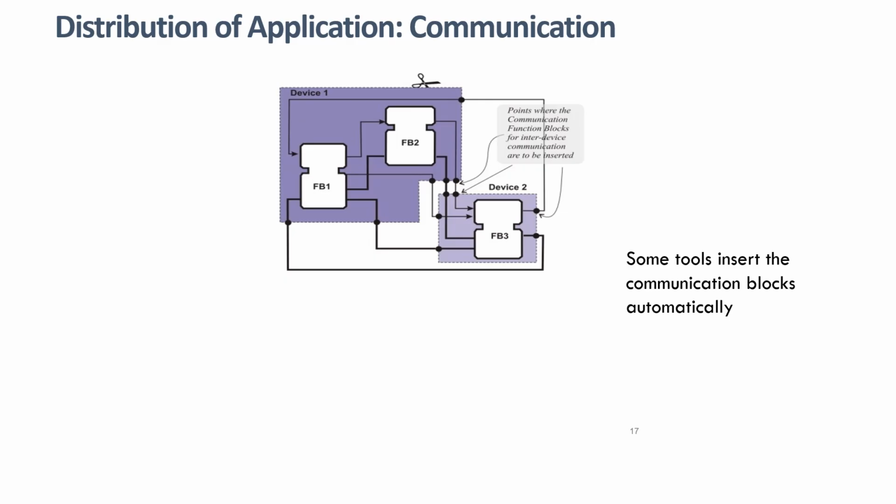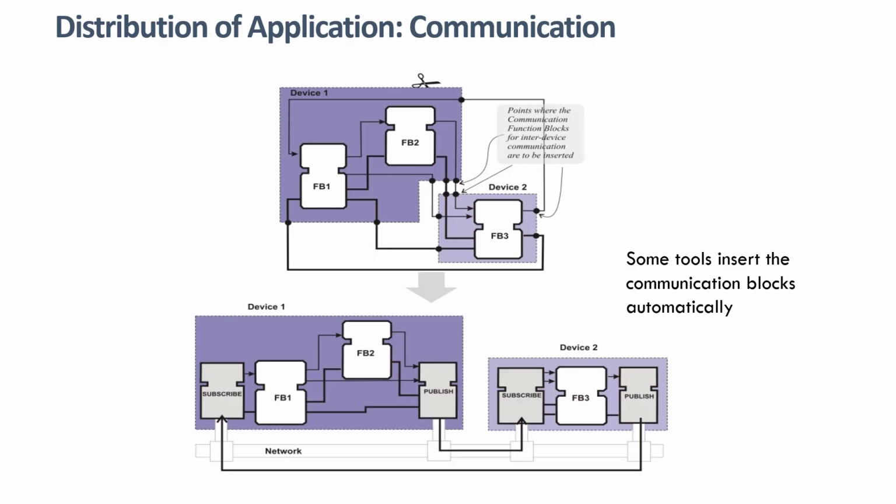As you can see, some of the communication lines, connection lines of data connectors and event connectors that are connecting, for example, FB2 with FB3, are crossing device boundaries. In these places, the engineering tool will insert the corresponding communication code, and that could be done completely automatically.